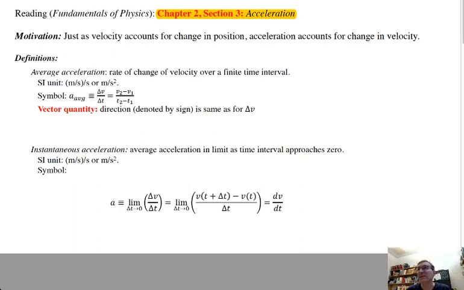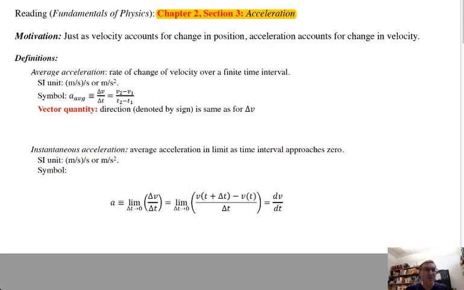Now, that's not the only thing that can happen. Once a plane lands on a runway, then, of course, its task is to slow down. And that also represents a change of velocity, and that also represents an acceleration. We need to be able to deal with both kinds of scenarios. So let's get to our definition so that we can be specific when we talk about this concept of acceleration.